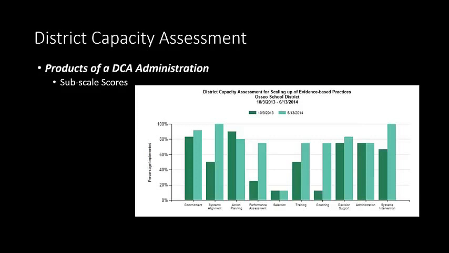These types of graphs are really good if you're presenting to your board or your cabinet-level administrators to tell the story about how you're implementing PBIS.